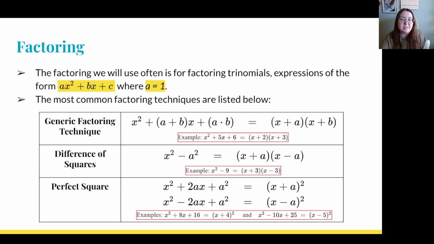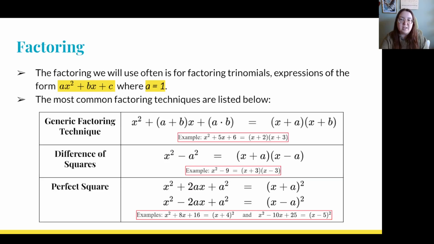The generic factoring technique works for all different types of factoring for trinomials as long as that first term a is 1, meaning that you just have x squared and then the rest of your terms. So for the generic factoring technique, what you're looking for is your trinomial to look like x squared plus, and then it will have a number in the middle, your b value.